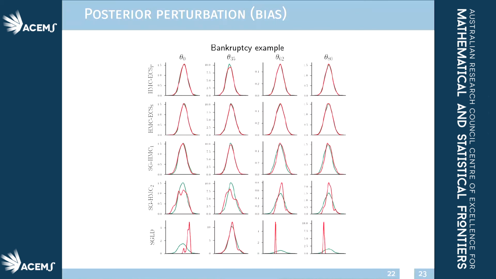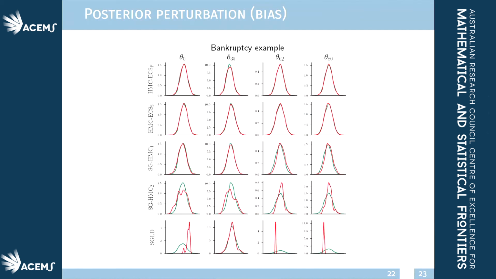So I'm going to show you some of the density plots. The first row is the perturbed density plots. When I talk about perturbed, I mean that because we're using an approximation, the target is perturbed, and we do MCMC on that, so we converge to a slightly perturbed target.